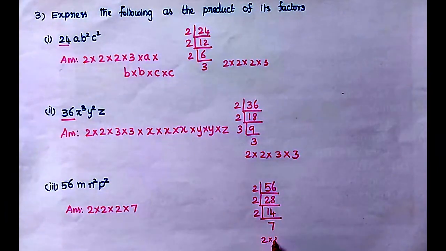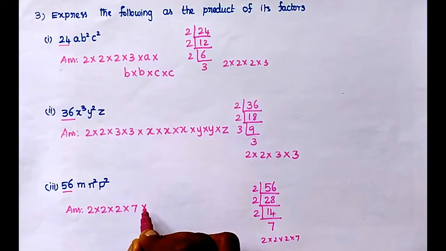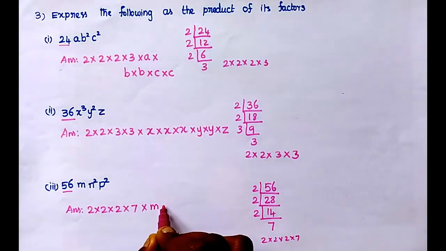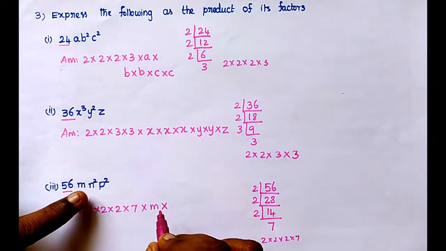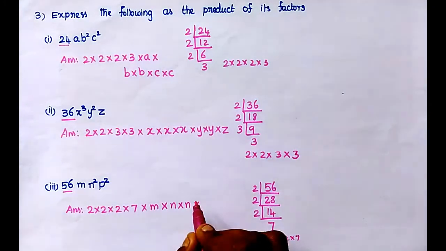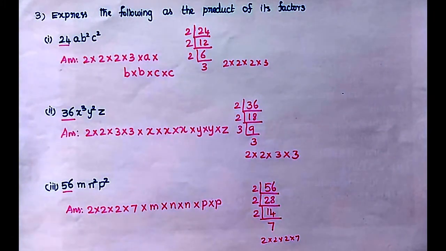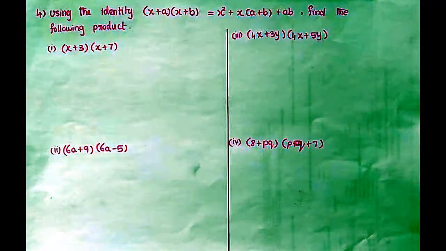These are the factors. That is for 56. Next, m, one time only, n squared, that is n into n, p squared, p into p. That is the answer.